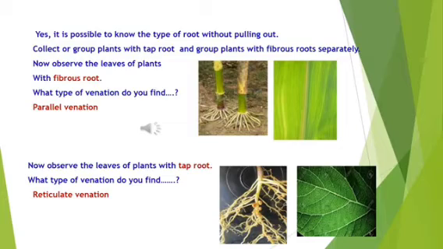If the plant or the leaf is having parallel venation, then it will have fibrous root. If the leaf is having reticulate venation, then it will have taproot. So isn't it easy? Without pulling out the plant, you can find out what type of root system the plant is having.